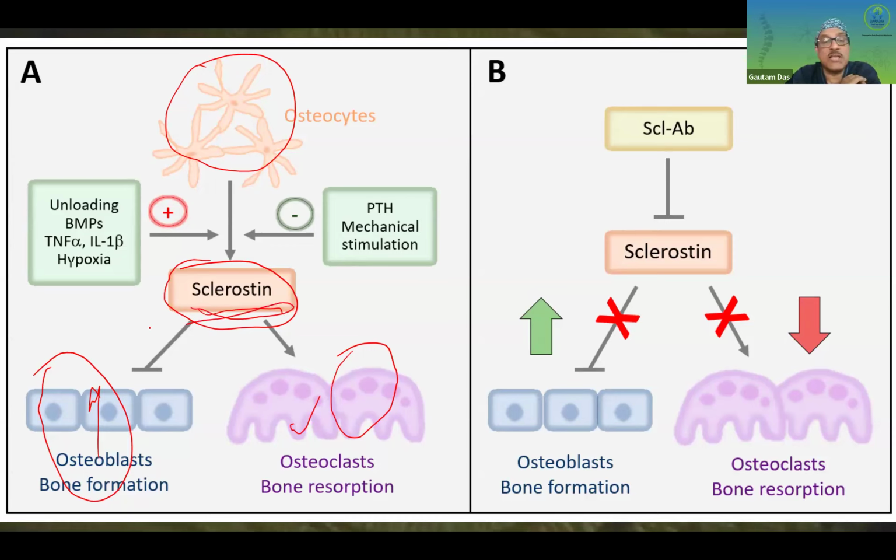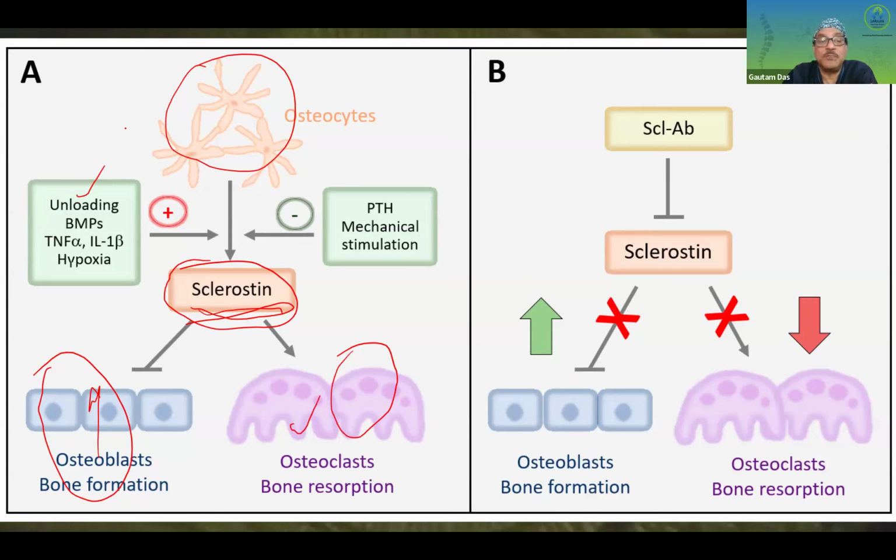Now, who stimulates sclerostin and who inhibits it? Sclerostin is stimulated by unloading. I'll be coming to this point later on. If somebody is not doing any physical exercise, very relaxed, and muscles are not pulling on the bone periosteum, so there is no mechanical pressure or stimulation on the periosteum.